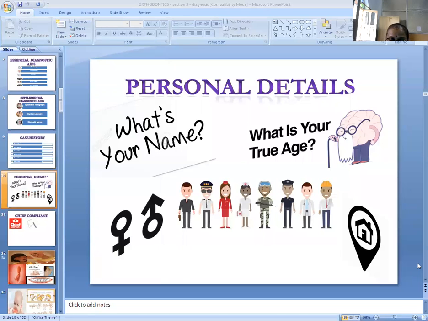So we'll have to make them understand why this is needed. That's why it is important to know the occupation and the address, obviously for communication and to know the locality, how far it is from your clinic.